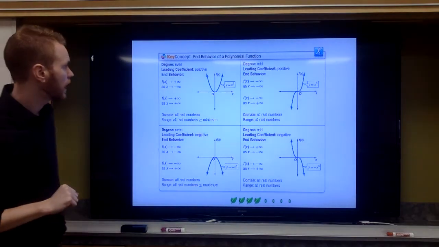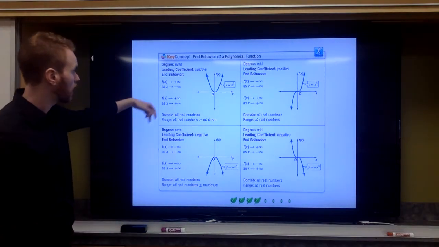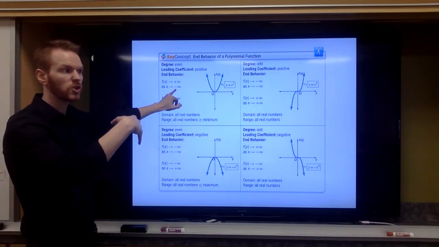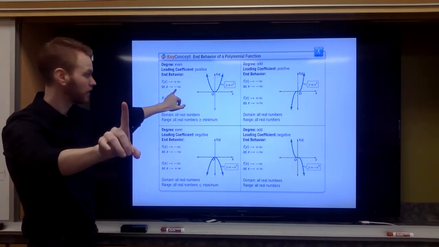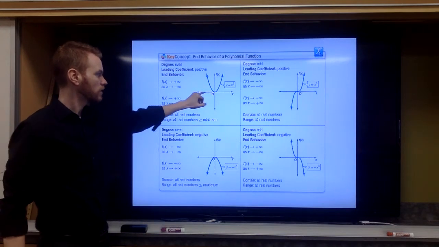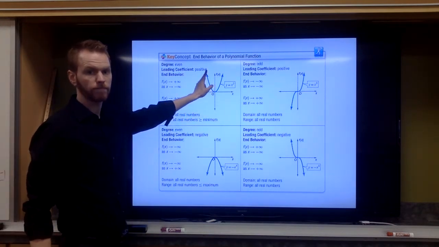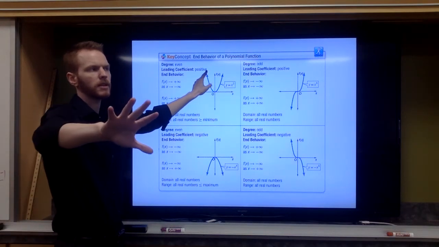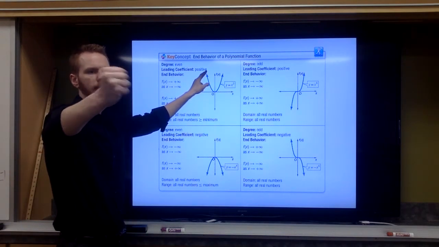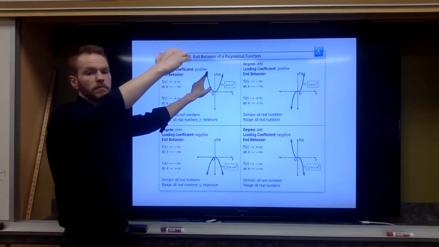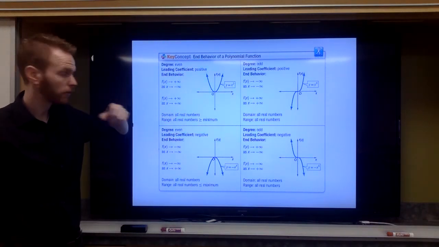Now, behavior-wise, look at how we describe it. As x values get infinitely larger in the negative direction, my y values increase positively, infinitely. Now remember, when you think of infinity, you're not thinking of a number, you're thinking of a behavior. It's increasing positively on forever.